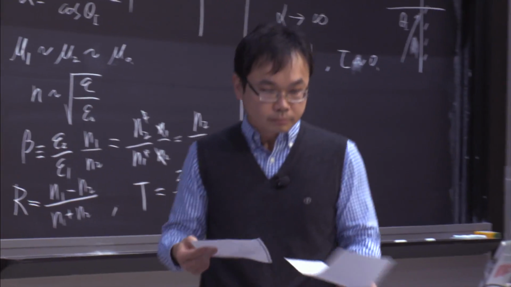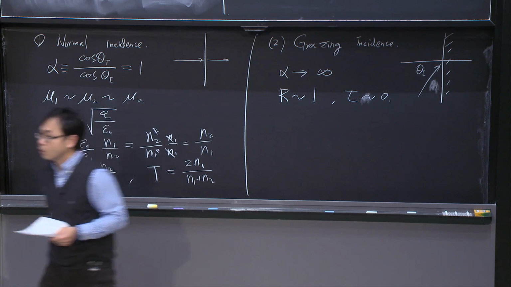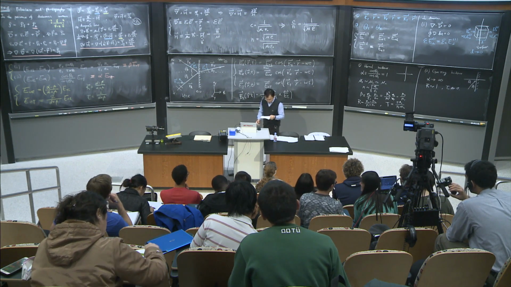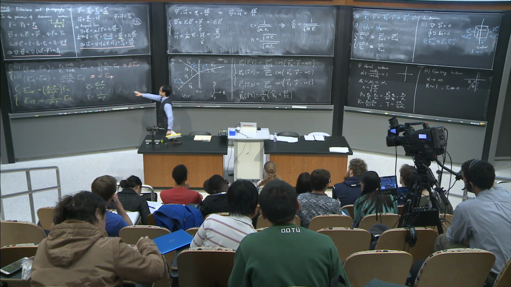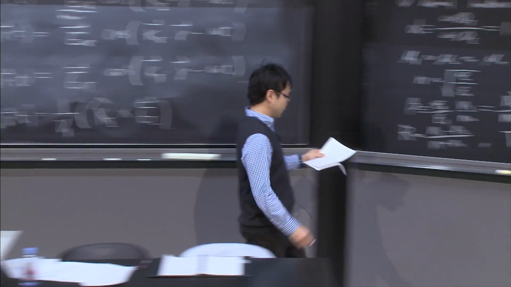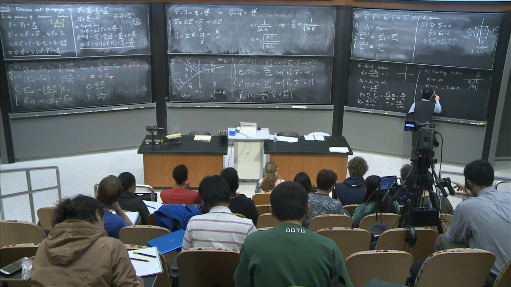Okay. So finally, there is a very interesting angle, which is considering a situation when alpha is equal to beta. There is a very interesting angle, theta b.